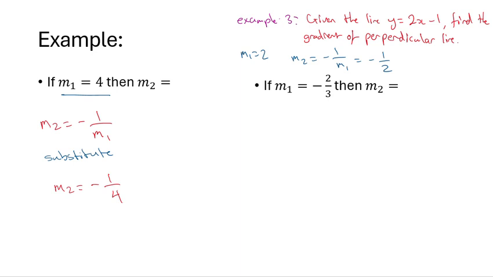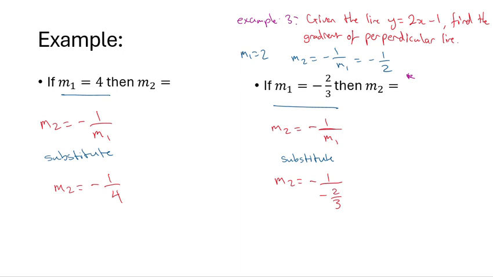Now, this is the tricky one, okay? I need people to start paying attention here. So m1 is negative 2 over 3. It gets a bit weird, so just write down our formula first, negative 1 over m1. And then when you substitute, it becomes m2 equals negative 1 over negative 2 over 3, which looks completely weird, yeah?